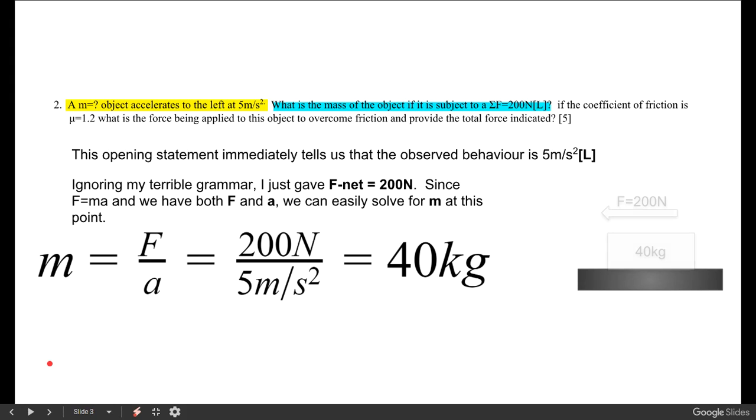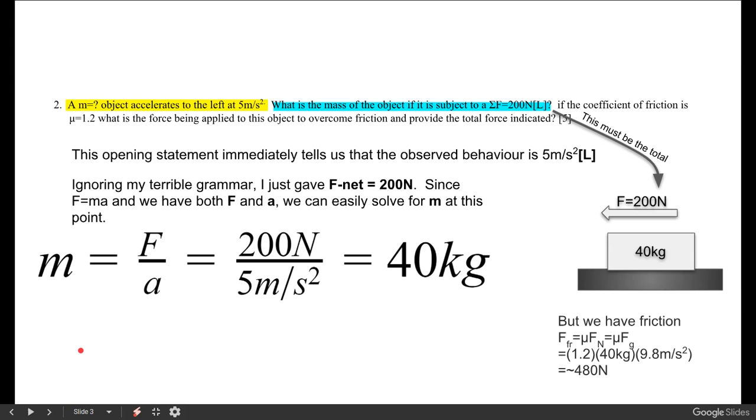Now, having the mass and being told that the total force is 200 newtons, it has to be, because that's what I told you in the question. There's your unbalanced force, your net force. And we have friction, though. And the friction is going to be around 480 newtons by the time you're done here. Okay? That's a little bit of rounding.